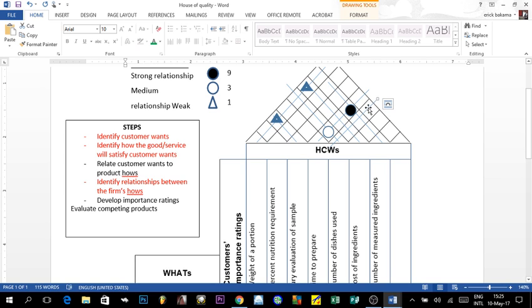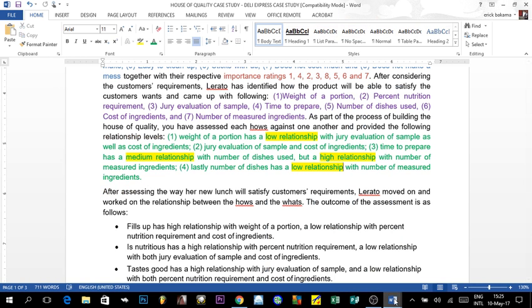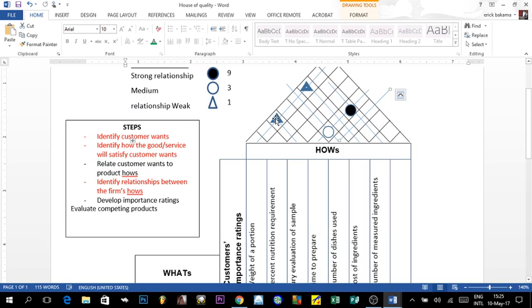Number of dishes is somewhere here, and the number of ingredients is somewhere here. According to what they are saying, it is a low relationship. Now we take again our symbol for low relationship and we put it here. They meet here.